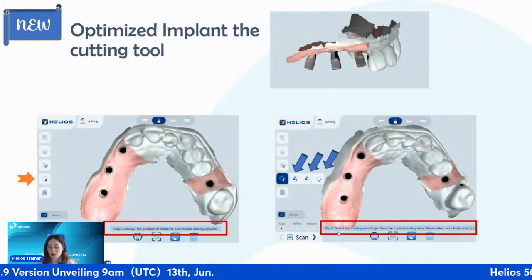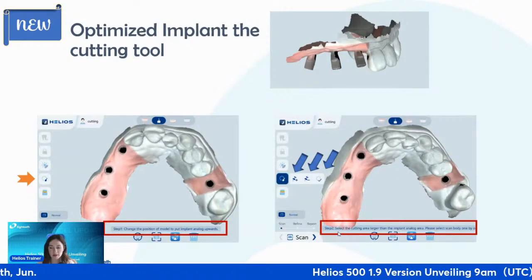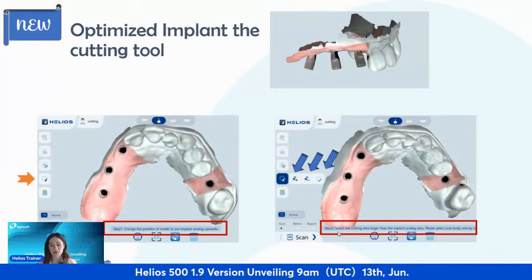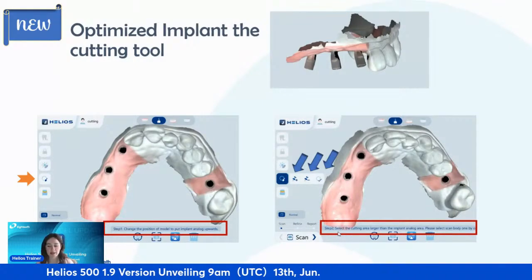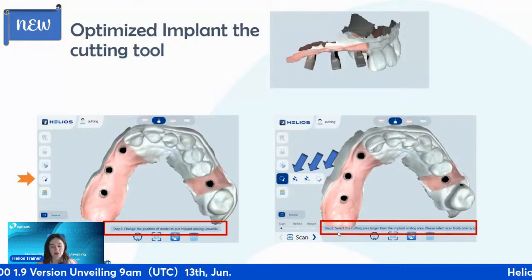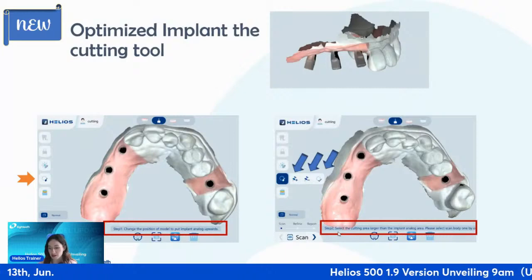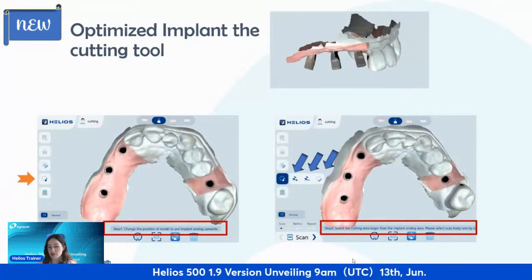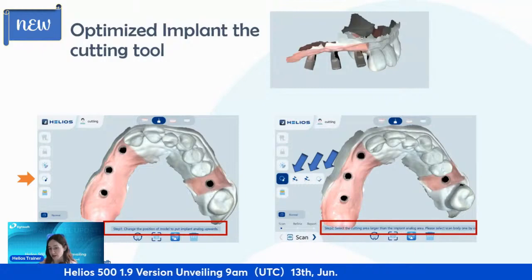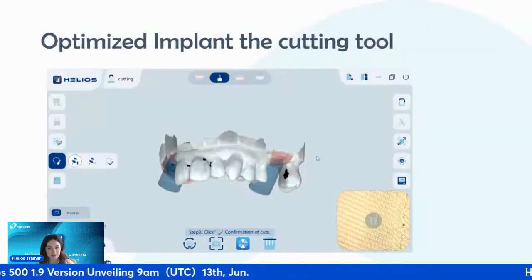We sometimes had difficulties when scanning the implant scan body, where it doesn't add new scans. Mostly this problem is related to the cutting area being too small compared to the scan body area. That's why we put a warning sign in here. So we need to select scan bodies one by one, like this.